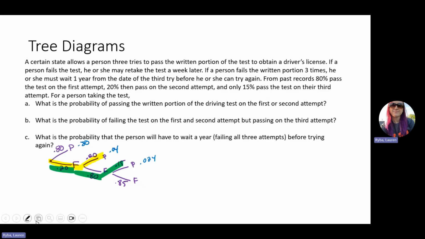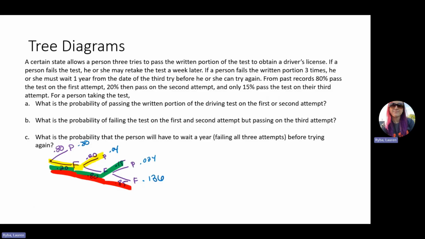And then my last group fails all 3 attempts. So 0.2 times 0.8 times 0.85, 0.136. And again, if I add all of those numbers, I should reach a sum of 1.